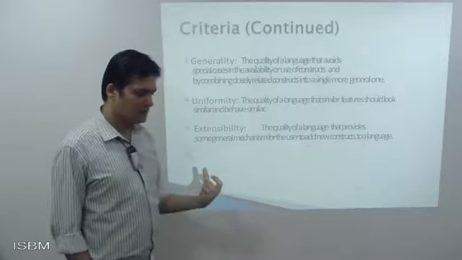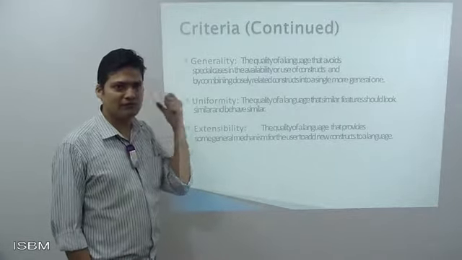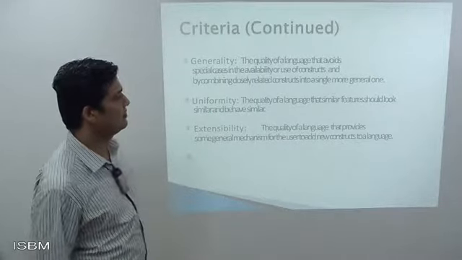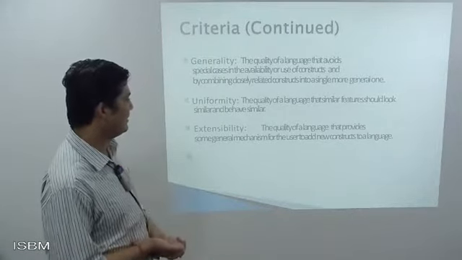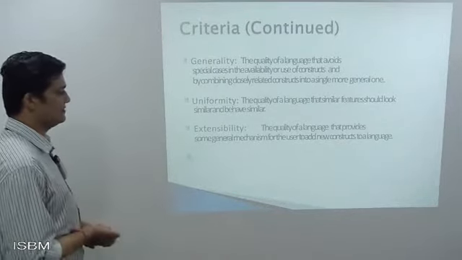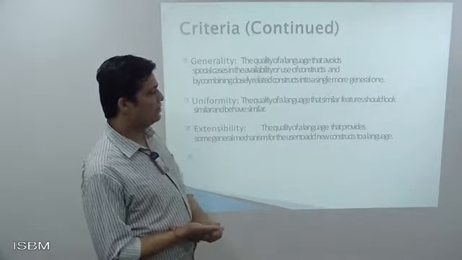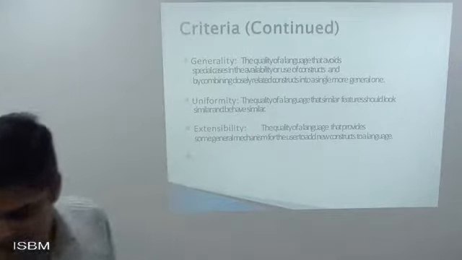There are protocols for each language, and you should follow them. Similar features should look similar and behave the same. Extensibility is the quality of a language that provides some general mechanism for the user to add new constructs to the language. There should be extensibility available.